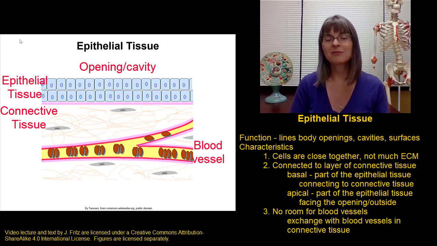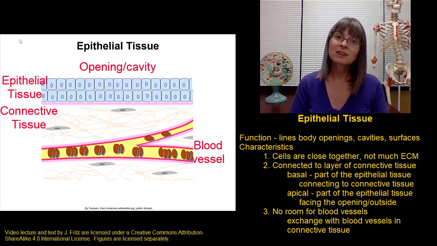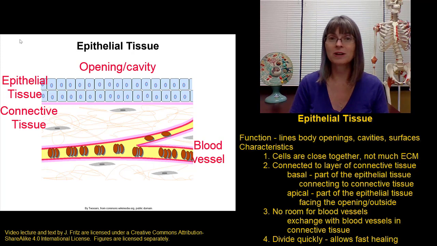With this blood supply from the connective tissue, epithelial tissue cells in general are able to divide relatively quickly. This is important when it comes to healing. Damage to epithelial tissue is typically healed relatively quickly as the cells of the epithelial tissue divide to replace the damaged cells.